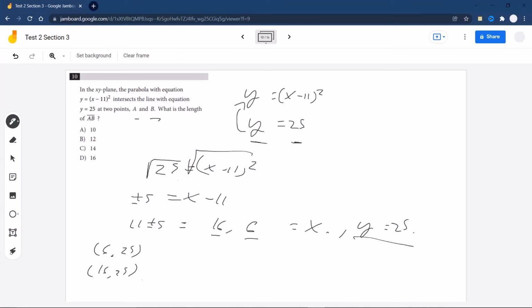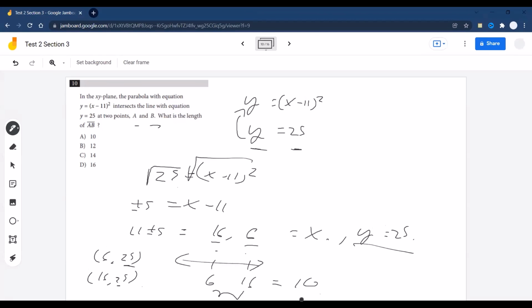These are the 2 points we have to find the distance between. If we were to graph these, they'd have the same height, 25, but one is at 6 and one is at 16. So all we have to find is the distance between 6 and 16, since the height is the same, which, of course, is 10. And so in this case, our correct answer would be 10, because that's just the distance between the x values.